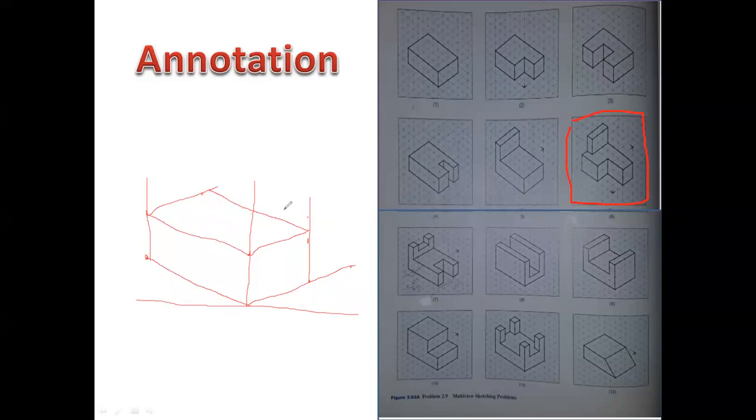Now that I've established this, the next step is to cut out this section here. For that, I'm going to mark off a distance here that I want that to go in. This distance here. Then I'm going to place a point here.